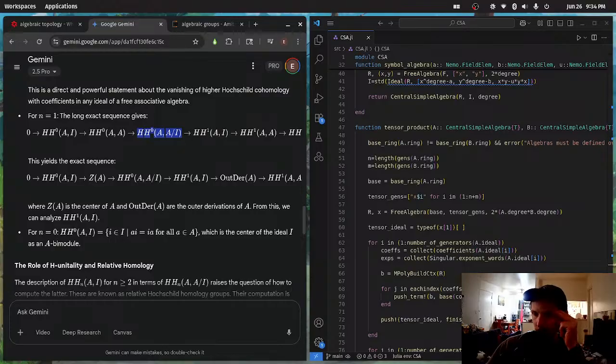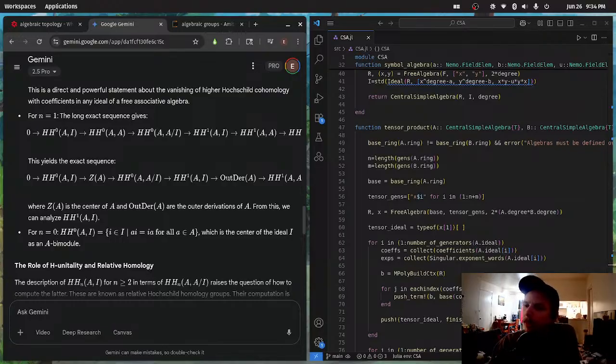So this is going to be the center of A mod I or something like that, which is the center of the ideal I as an A bimodule. So if it was an analogous formula, that HH0 of A mod I was the center of A mod I as an A bimodule, then I think the center would be K again. And so that's not so interesting, is it?